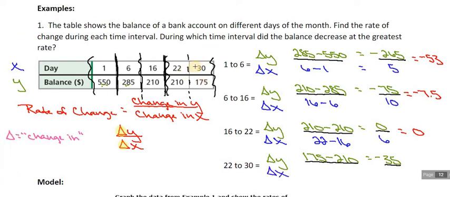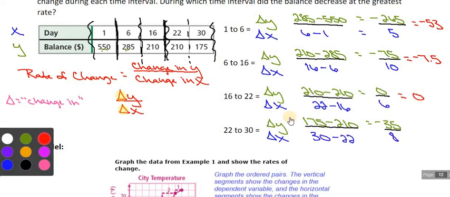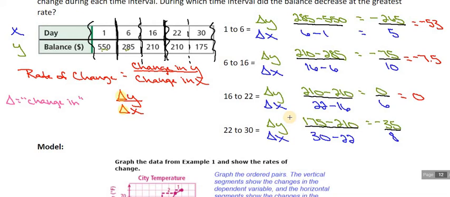We went from day 22 to 30, so 30 minus 22 is 8. And when I simplify negative 35 divided by 8, that gives us negative 4.375.